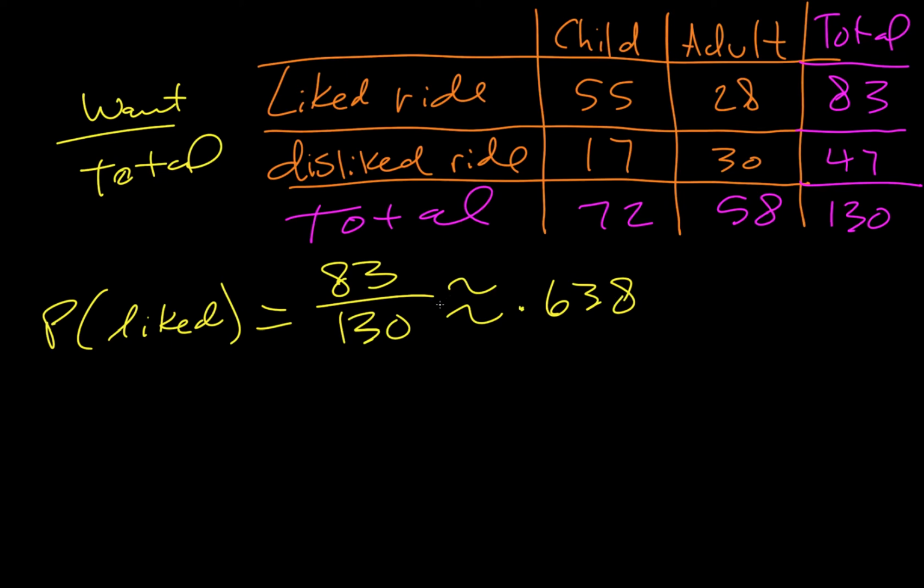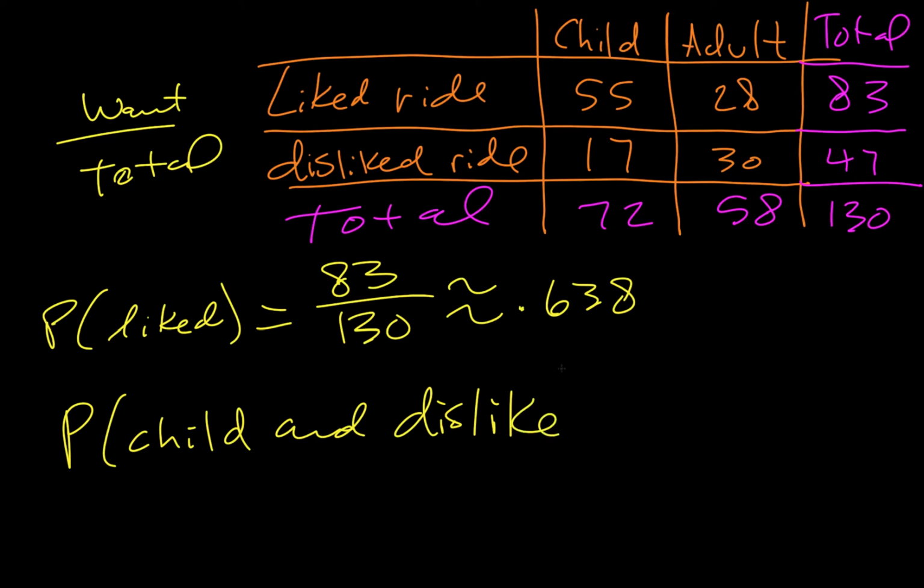Now the next one says, what's the probability that a randomly selected person who went on the ride is a child and disliked the ride? So probability of child and dislike. So to be a child, let's circle this.